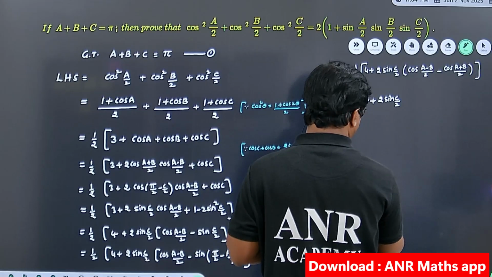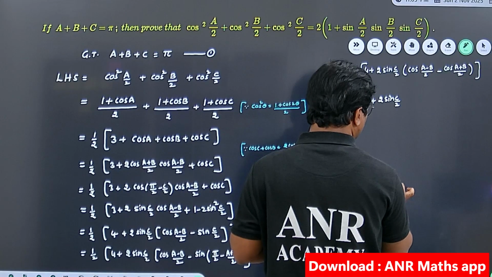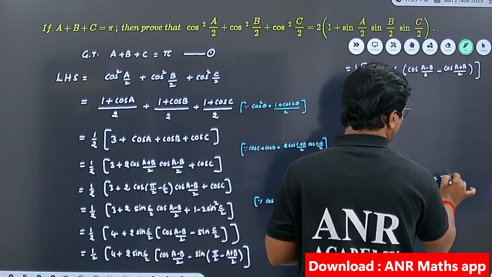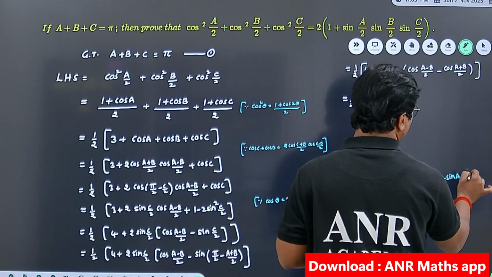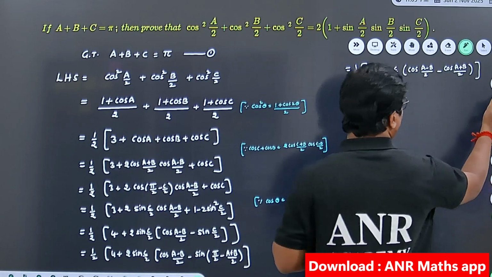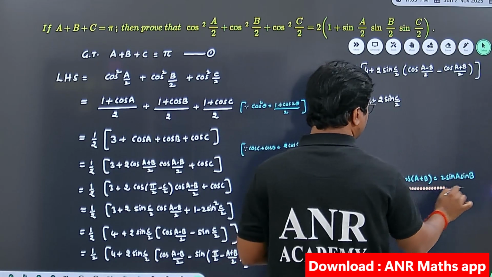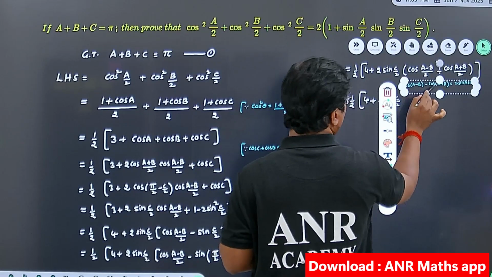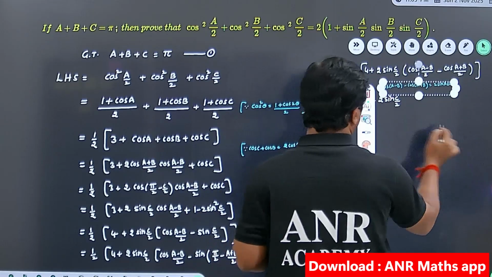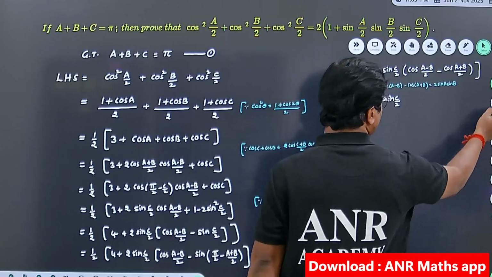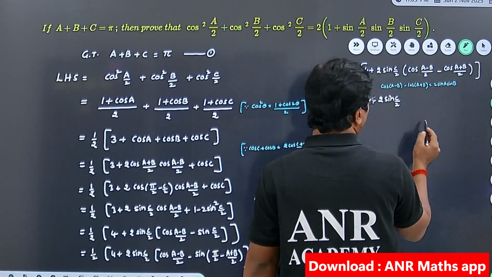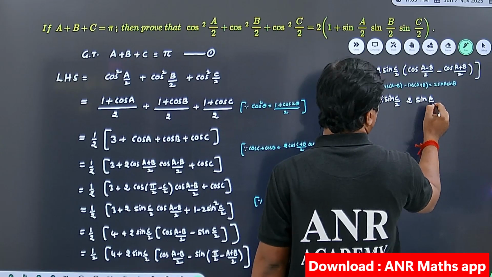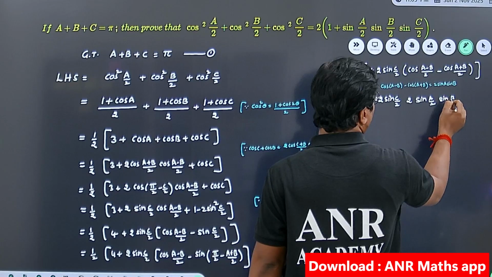We know that cos (A minus B) minus cos (A plus B) is 2 sin A sin B. This result now I am going to use here. Applying this formula, you can write this as 2 times sin A by 2 sin B by 2.